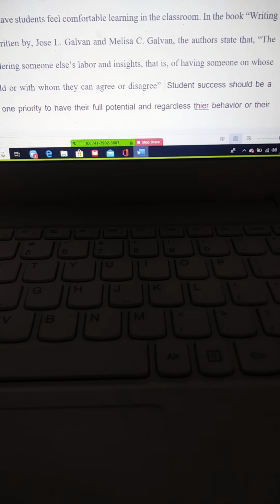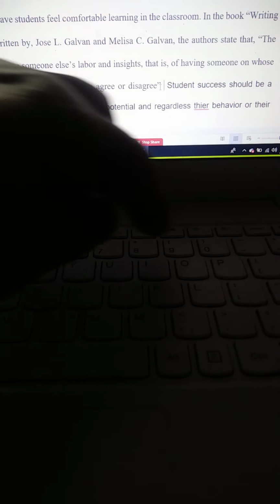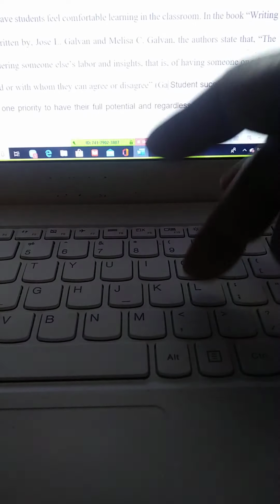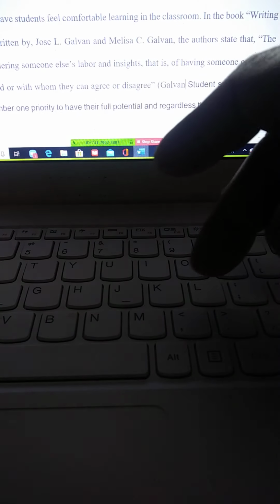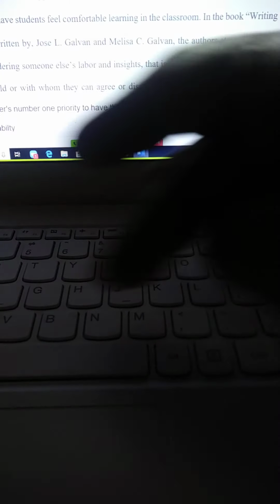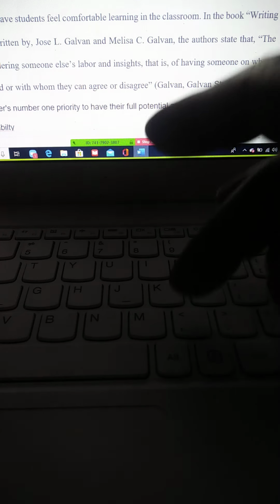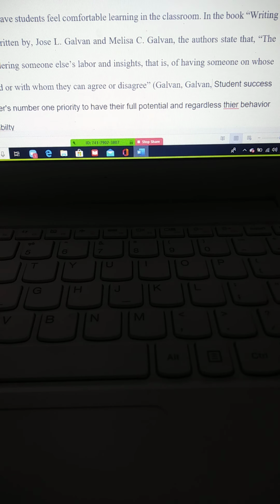So now we have to shift 9, and then it's Galvan, comma, space, Galvan. Let me see, am I doing this right? Galvan, and then is this APA or MLA style? APA. Okay, then I think the year was 2017, you had.